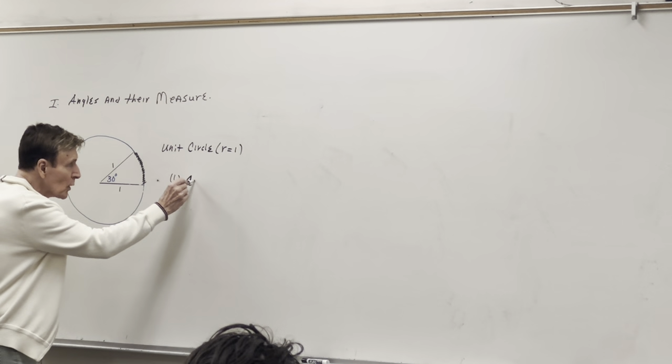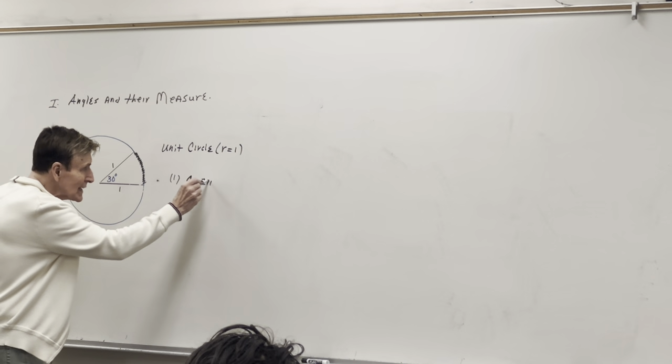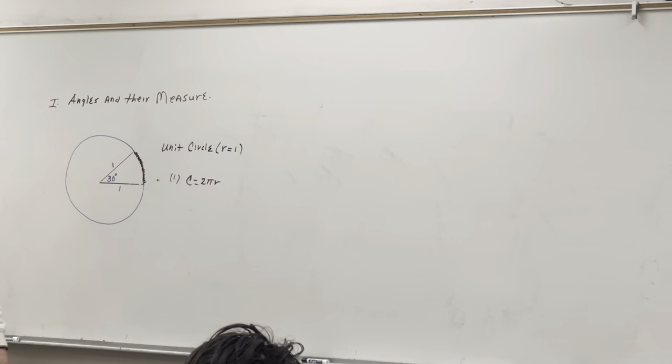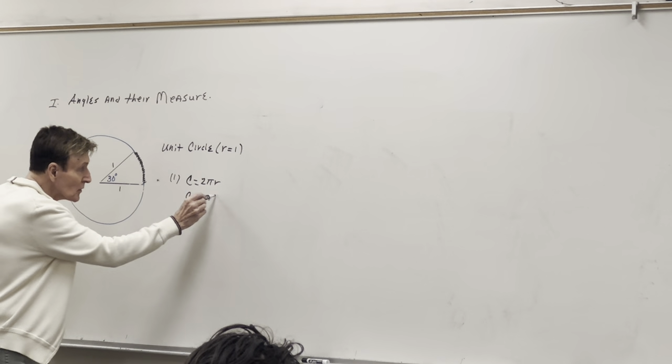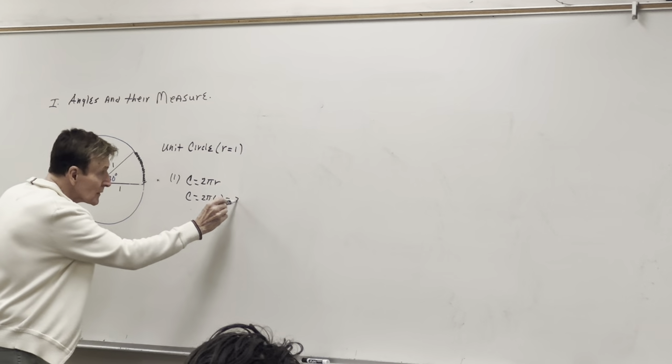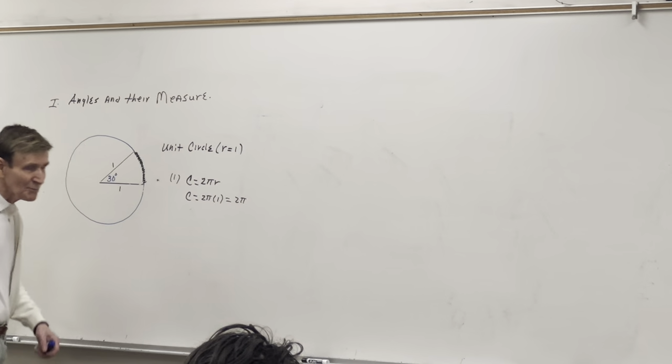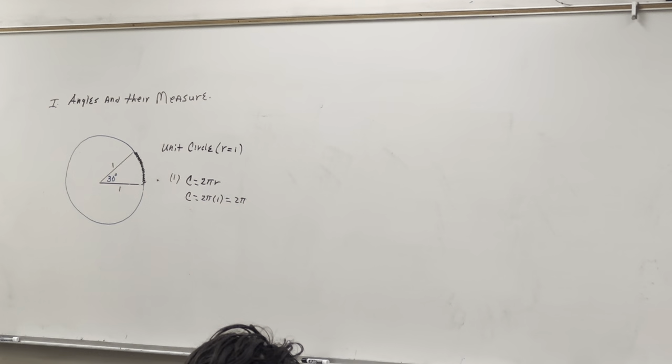Guys, the standard formula for circumference, the length around the circle, is 2 pi r. Now you understand why we like r to be 1, a unit circle. If I replace r by 1, I'm looking at a circumference of 2 pi. That's the full length around the circle.